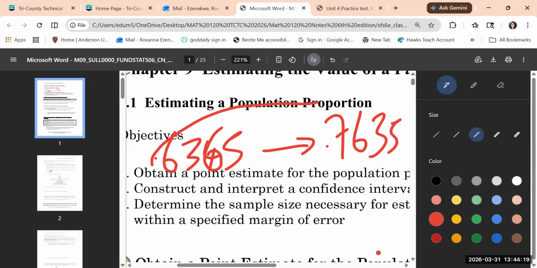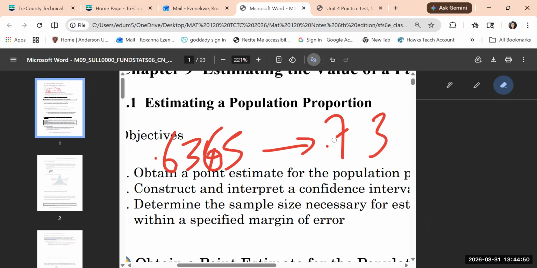In other words, I don't know exactly what the population proportion is, but what I do know is from my data given to me, the estimate lies from 0.6365 to 0.7635. Well, this is how I answer the question. You really have to state your answer in a confidence interval.